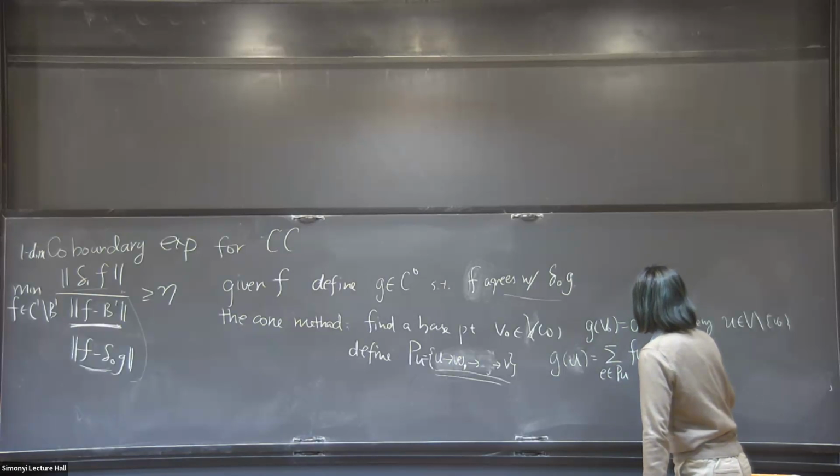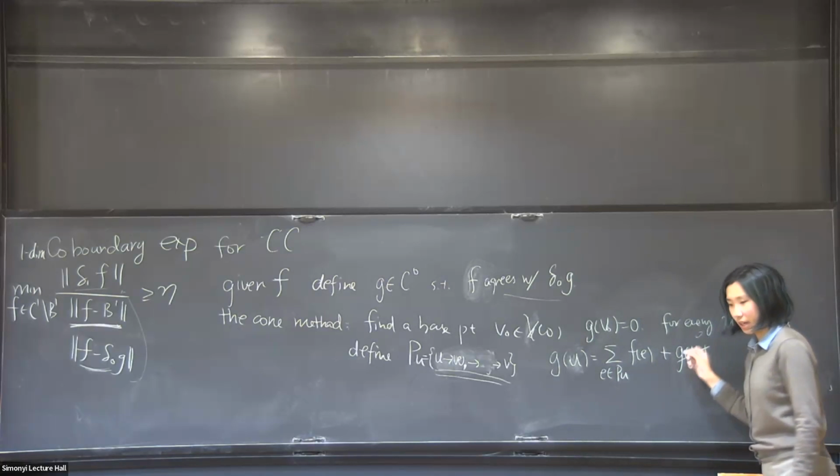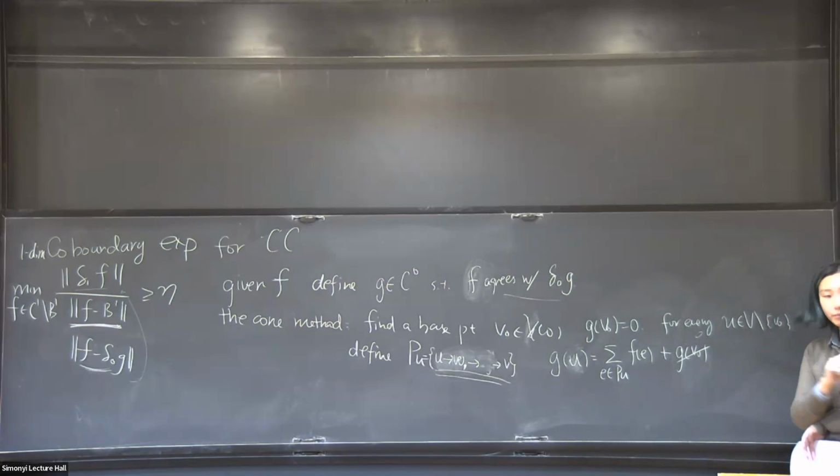F of G plus G of V0, but since this is 0, it doesn't matter. So we're trying to be at least consistent on the path. Exactly, we're trying to be consistent on the path.